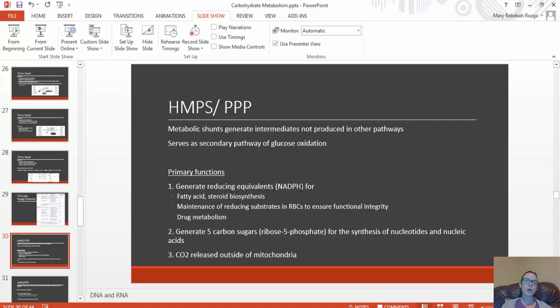In addition to producing NADPH via these pathways, we also get the production of 5-carbon sugars, ribose 5-phosphate, that's needed for the synthesis of nucleotides and nucleic acids that are absolutely essential for DNA and RNA synthesis. And then also this pathway allows carbon dioxide to be released outside of the mitochondria.